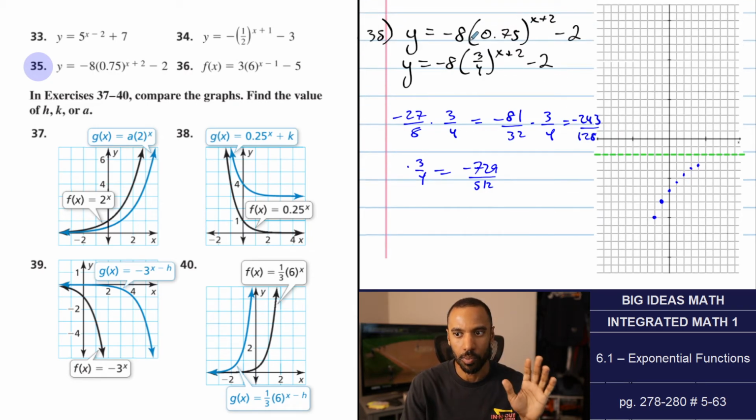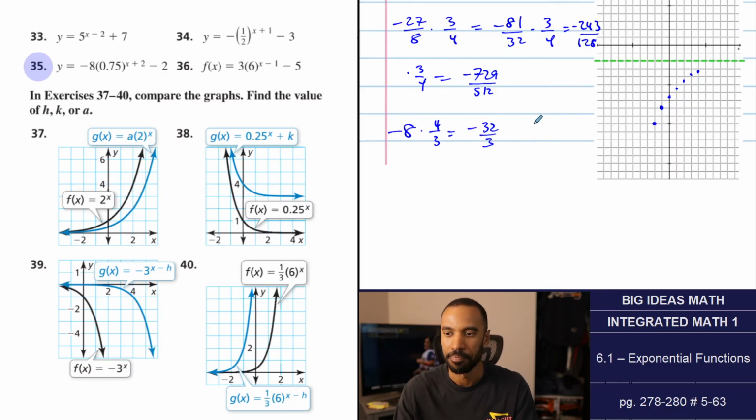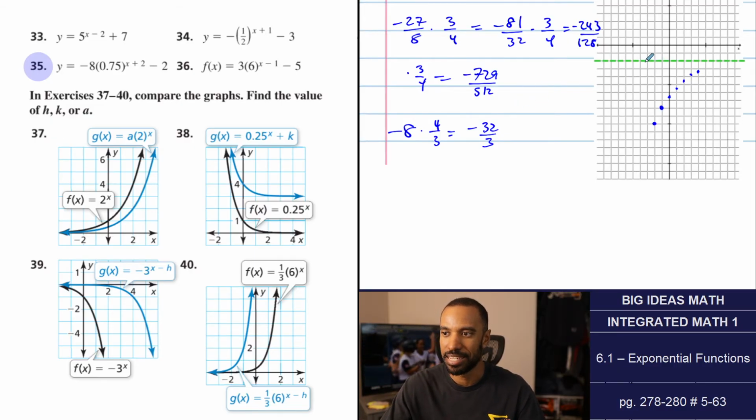Now, if I go the other direction, I'm dividing by 3/4, which is multiplying by 4/3. So negative 8 times 4/3 is negative 32 over 3, which is negative 10 2/3. Now, negative 10 is 10 down from negative 2. So negative 10 2/3 is about right there, from the negative 2. Let's see if I can fit one more here.